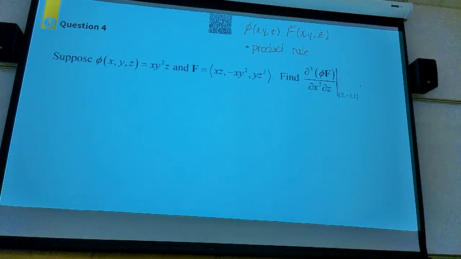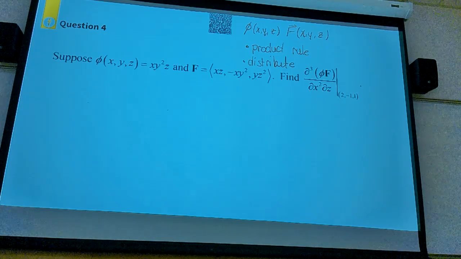Specifically the scalar multiple product rule. Or just distribute first, perform the actual scalar multiplication first, and then take the partials. Remember when we were doing that with vectors? That's typically the route that I went down. I never really used product rules. Only in theory will the product rules come in handy. And I think I'm going to do that here too.